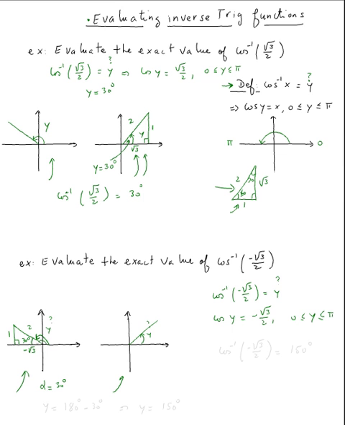So we know y is going to be all this angle, 180 degrees, minus the alpha, which is 30 degrees. So therefore, y is 180 minus 30, which is 150 degrees. So you can go back here and write cosine inverse of negative square root of 3 over 2 is equal to 150 degrees. And that's it for these examples.